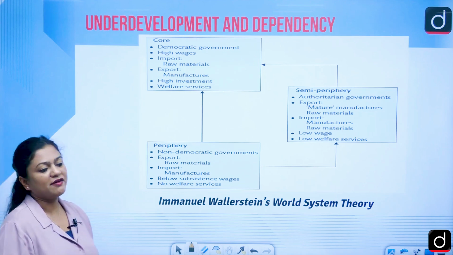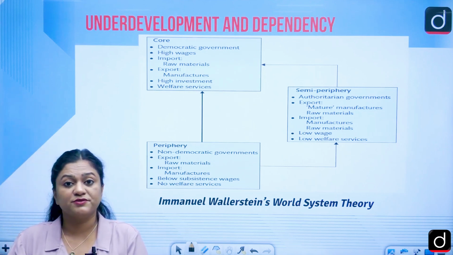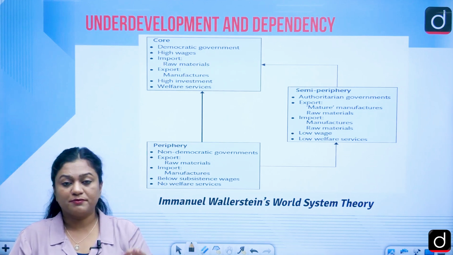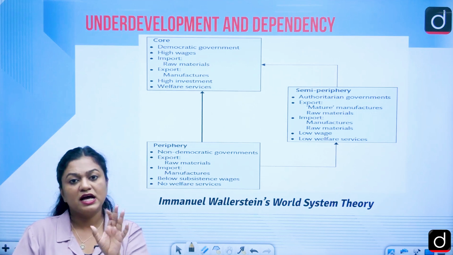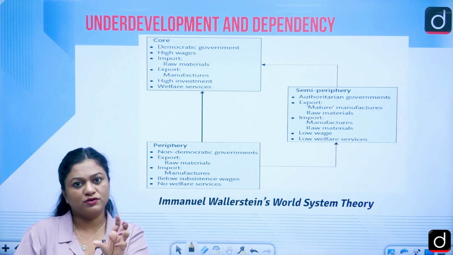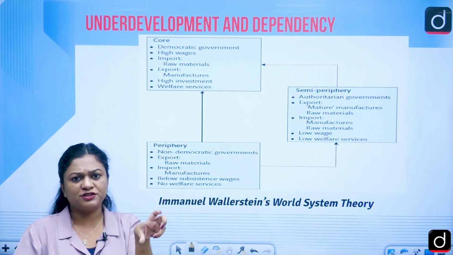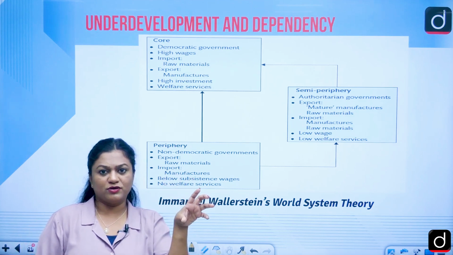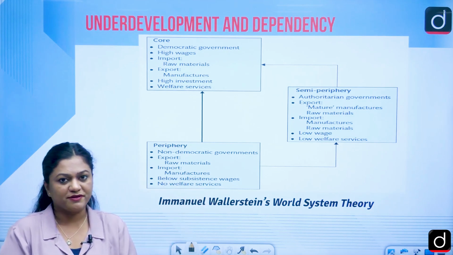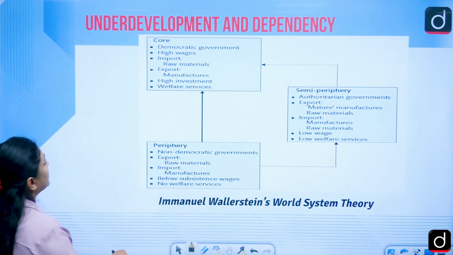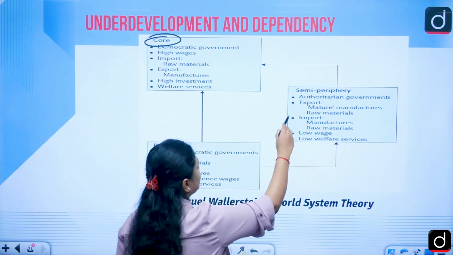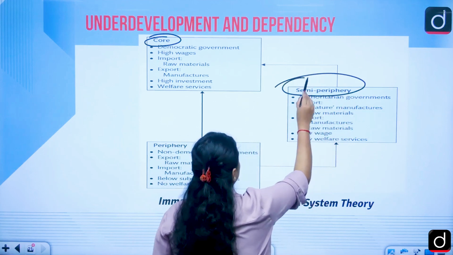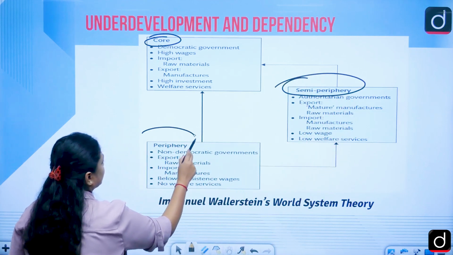Then we have Immanuel Wallerstein's world system theory. He did not speak only about core and periphery. Rather, he brought a third tier, an intermediate circle, that is the semi-periphery. So the first is the core, the second is the semi-periphery, and the third is the periphery.